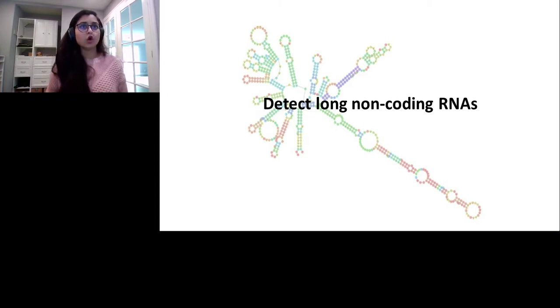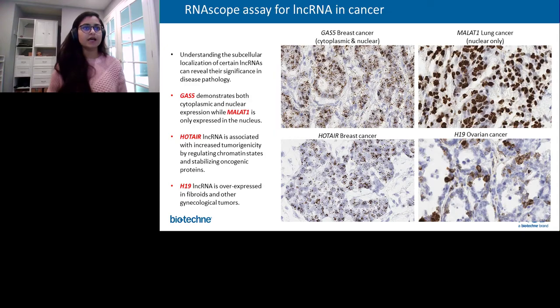Next is an example of a few long non-coding RNAs that we studied internally to show that our technology is able to not only detect long non-coding RNAs, but differentiate between the subcellular expression of these long non-coding RNAs.